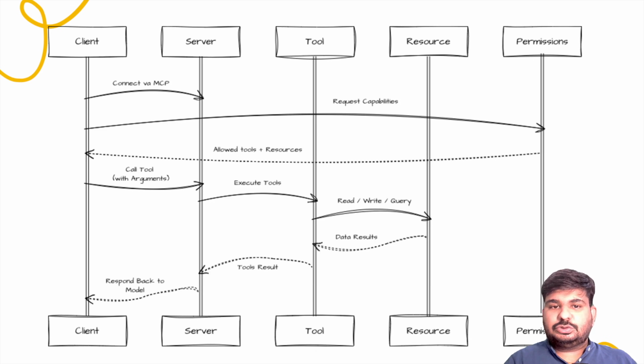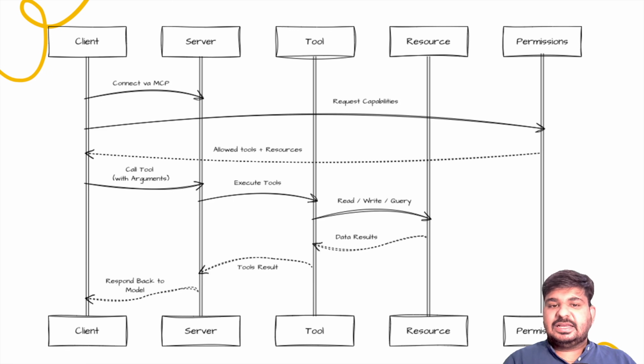The tool then executes on the host machine, often interacting with resources such as files, APIs, logs, or a database. After completing this action, the tool returns a structured JSON result back to the server, which is passed to the client. The client then incorporates this result into its next reasoning step, decides what to do next, and the cycle continues.